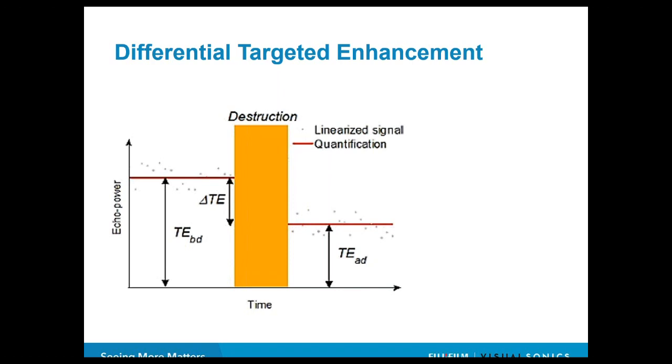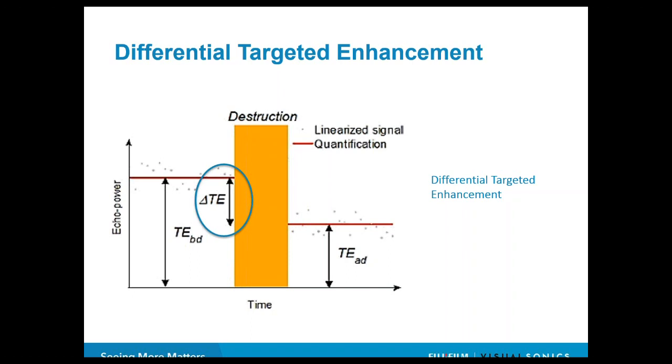So if we take both levels and compare, we can get a parameter for differential targeted enhancement here. And this allows us to find out what our biomarker expression is.